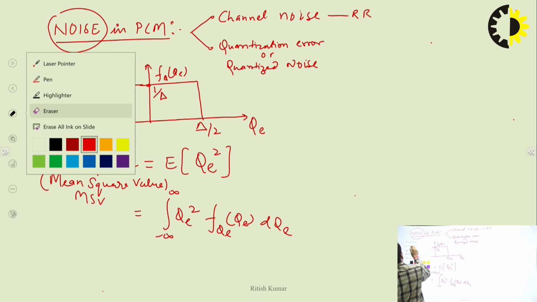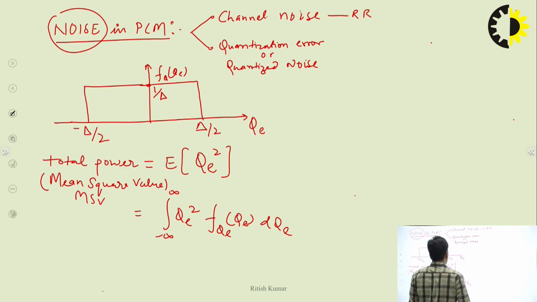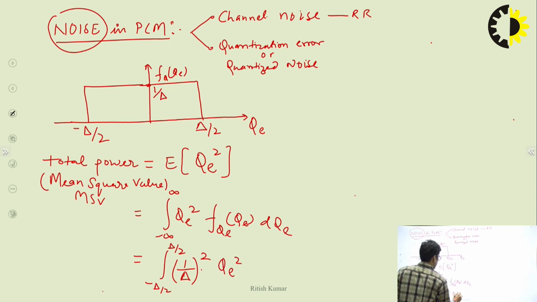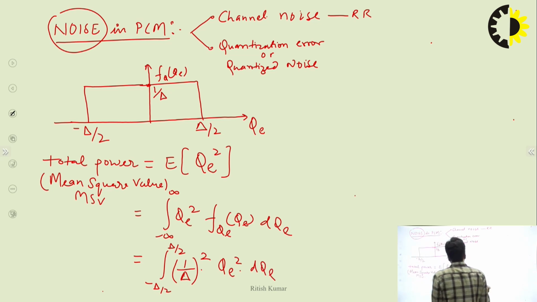Minus infinity to infinity, you can change it from minus delta by 2 to delta by 2, and f of QE is equal to 1 by delta, and QE square dQE, right?